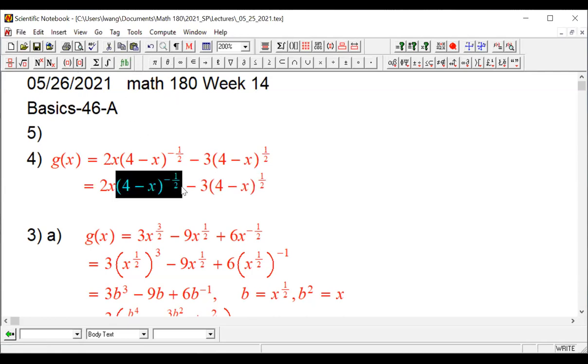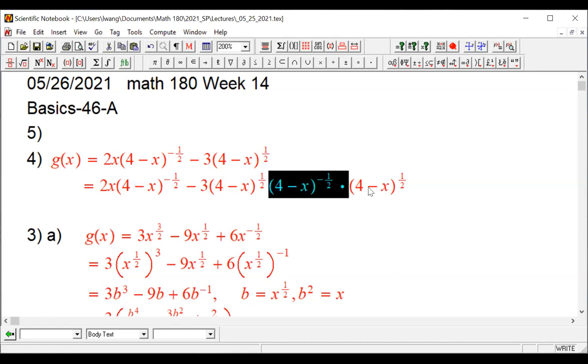We're going to have this guy multiplied by that, creating a power 0. You guys see this piece? Everything else stays the same, but this piece I created, and what is it? It's a 1, right?